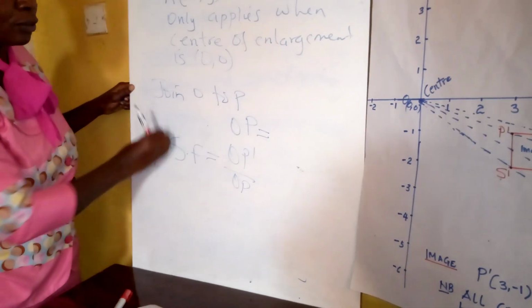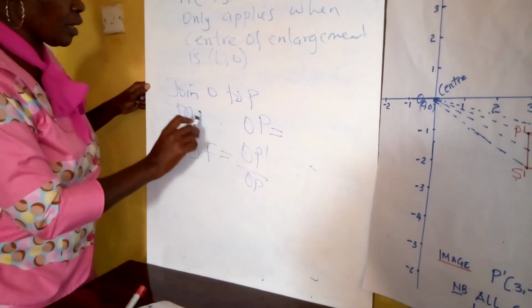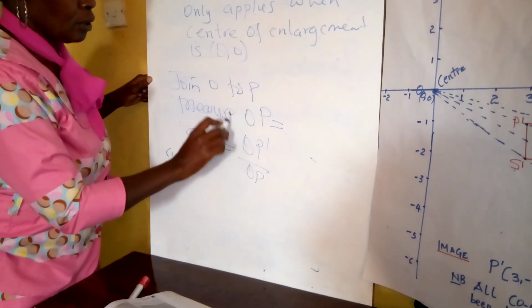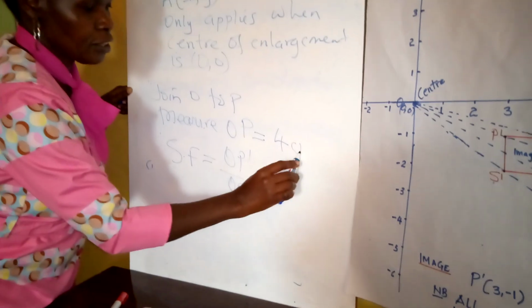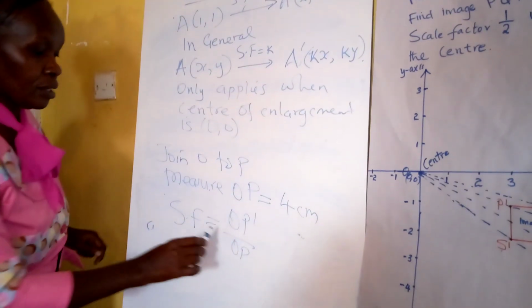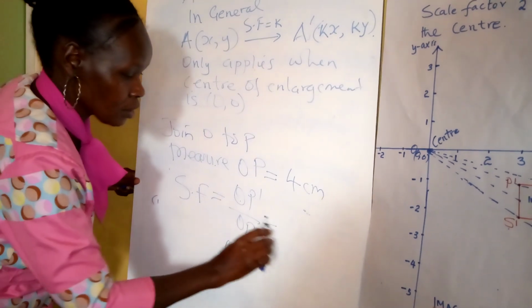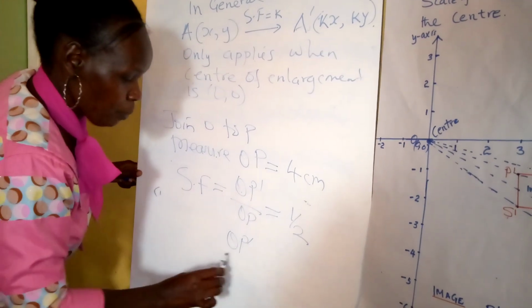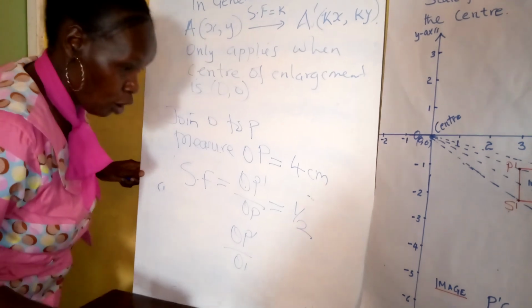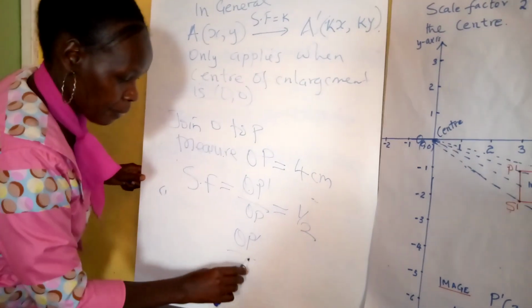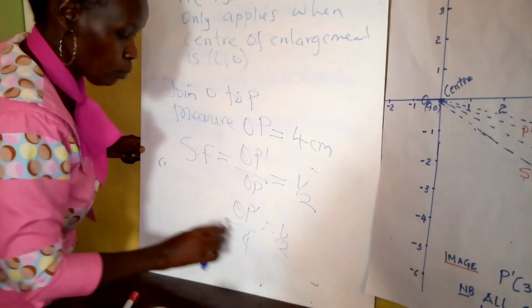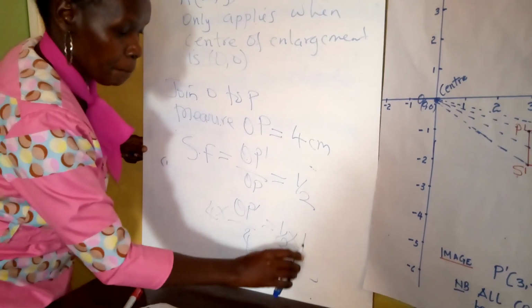So if we had measured OP, instead of saying extend, let us say measure. If OP was 4 centimeters, let us see how we are going to get OP prime. So OP prime over OP, which is now 4 centimeters, is equal to a half. Multiply both sides by 4.